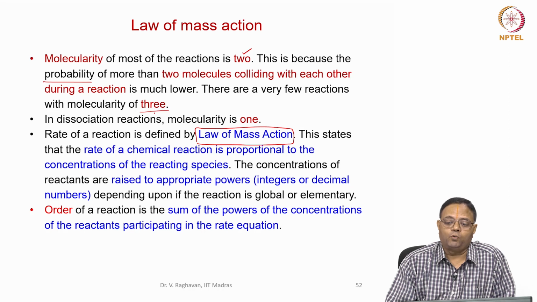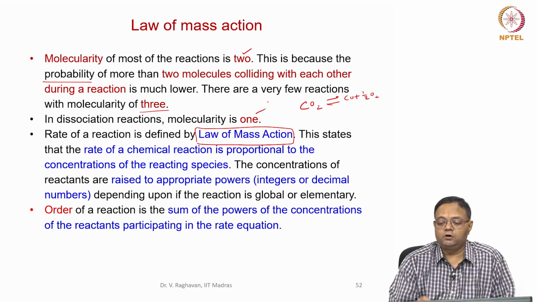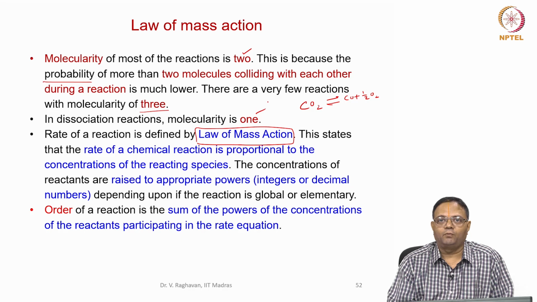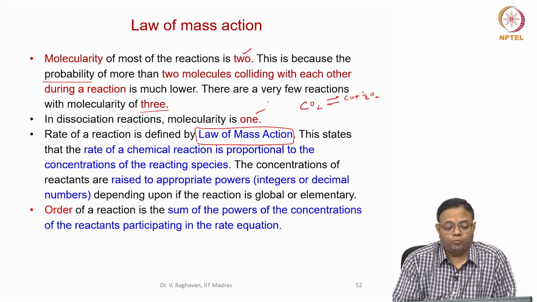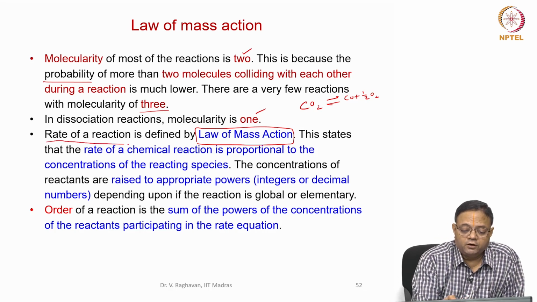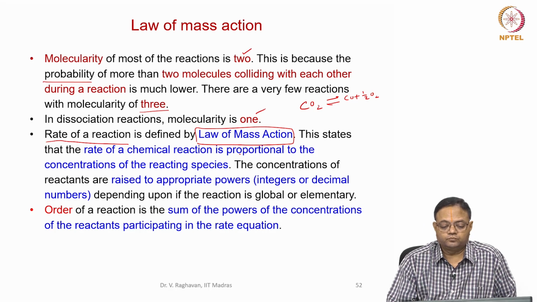Take a dissociation reaction, CO2 giving CO plus half O2 or O. In the forward reaction, you can say the molecularity is 1. One molecule of CO2 breaks and so on. Now, what is the rate of reaction? It is defined by the law of mass action. What does it say?